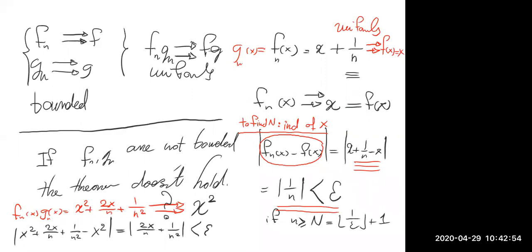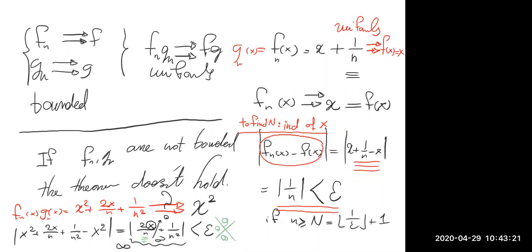Can we make this thing as small as we want independent of x? Of course not. I mean, here we have x. We can just send x to infinity. This thing on the left side would go to infinity. Of course, it's not going to be smaller than epsilon. If N is independent of x, I could just fix an N which works, and then send x to infinity. The left side would go to infinity. It's not smaller than epsilon.